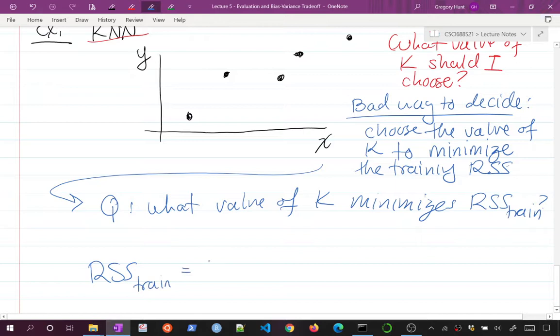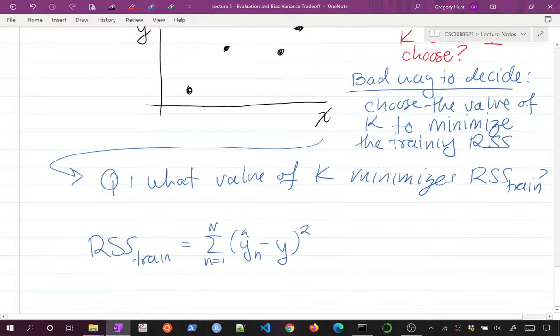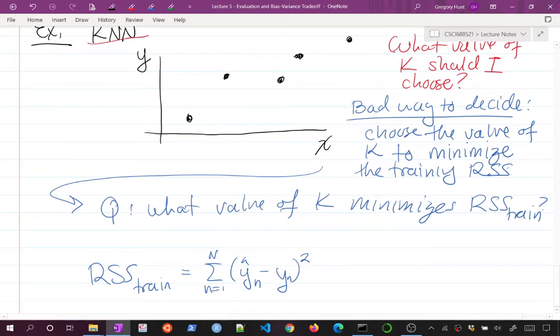Let's just write out the formula. Right, it's just y_n hat minus y_n, squared, right? It's just the sum of the squares of the predictions minus the truth. Oops, that should be a y_n, right? Okay. How low can I make that training RSS?